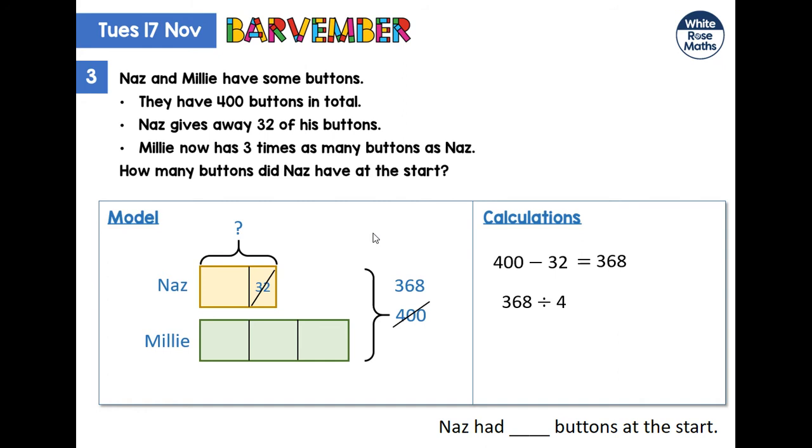And you follow through the maths. So there's our 4 equal parts. And there's us making sure at the end that we solve the actual question that we've been asked. It's a good question, question 3. Hope you did well on it.